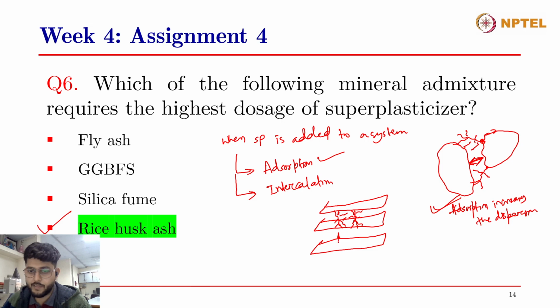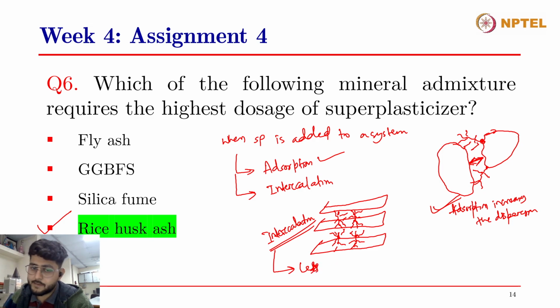So the superplasticizer molecules get trapped in between the layered network, and that is intercalation. And due to intercalation, there is less superplasticizer available for adsorption because some of the superplasticizer is consumed. And this intercalation is happening at a structural level.